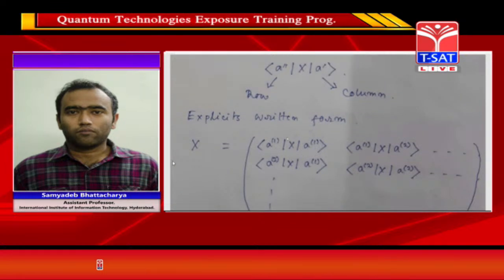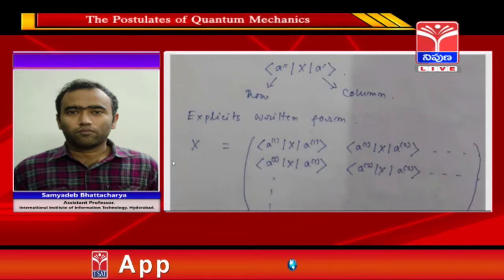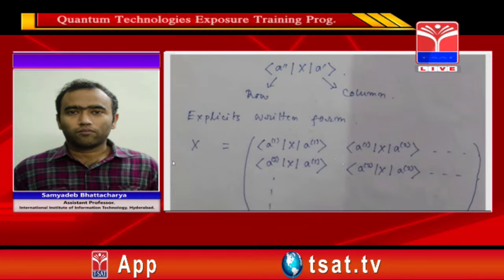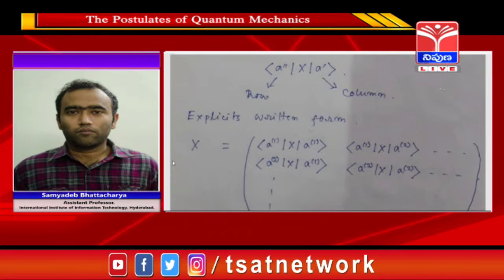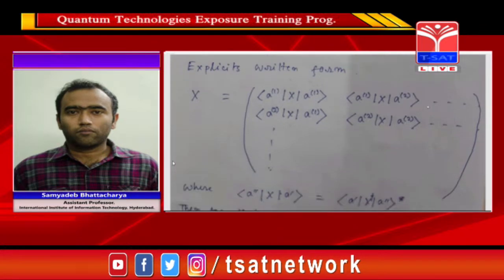When there is A1 and A1, they are the same, that is I equals J or A prime equals A double prime, they are the diagonal elements of the matrix. And when they are different, they are off-diagonal elements of the matrix.